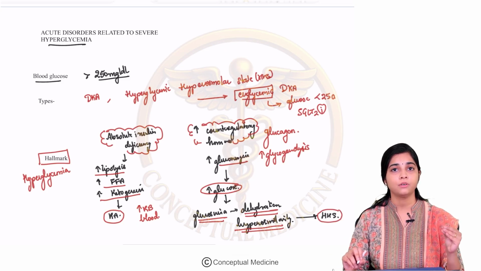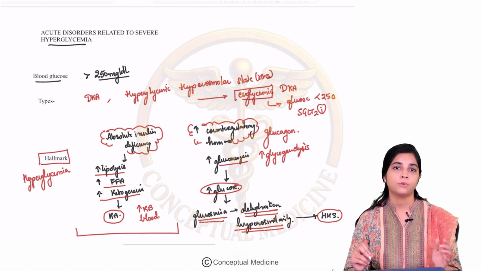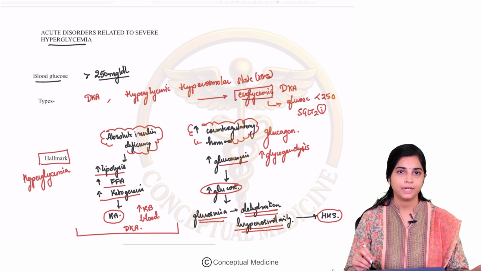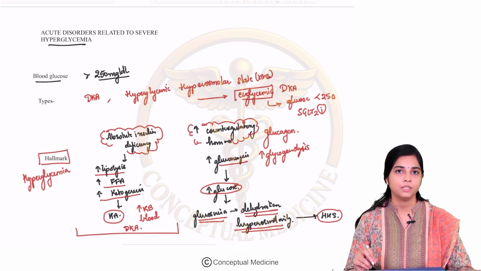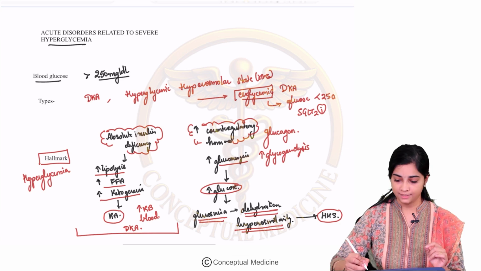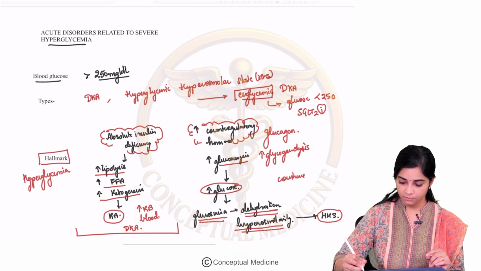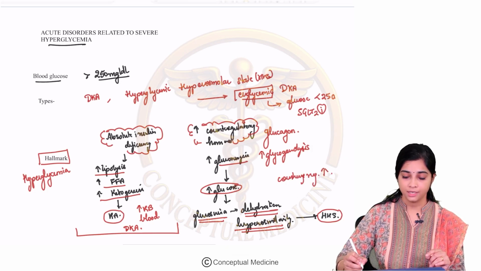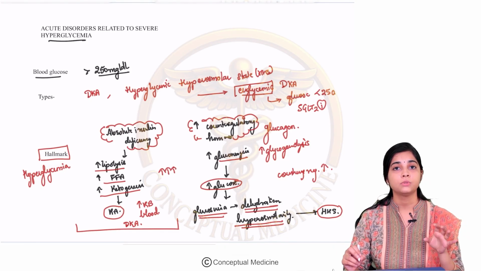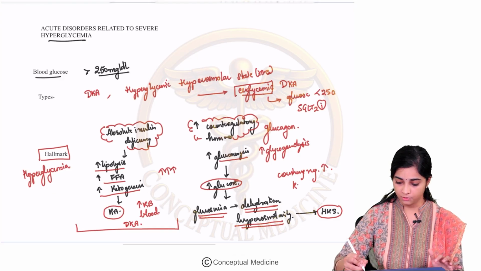The main difference between DKA and HHS is that in DKA there is more tendency towards ketone body formation. Though they can also have dehydration, there is more tendency towards ketone body formation. In HHS, the glucagon excess is a little less when compared to DKA. So the counter-regulatory hormones are elevated, but not to that extent, and they do not have much ketone body formation.